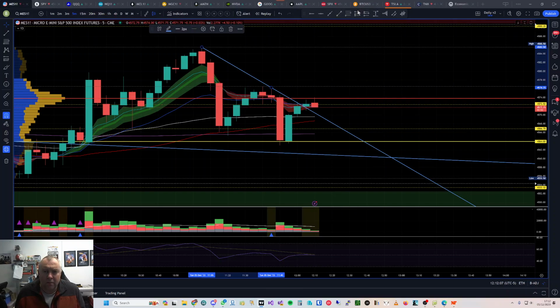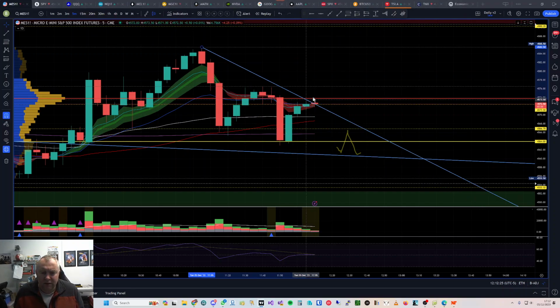It looks like we might be breaking out of it now anyway, and we've got obviously this trend line down here as well, so potentially we're creating a bit of a bull flag. So coming down, it's an area to watch. Maybe this channel's not that great, I can probably redefine that as there, something like that. But this could be the breakout.